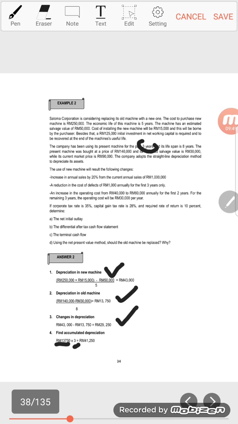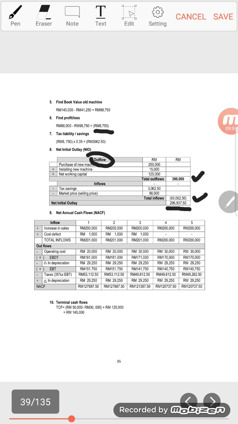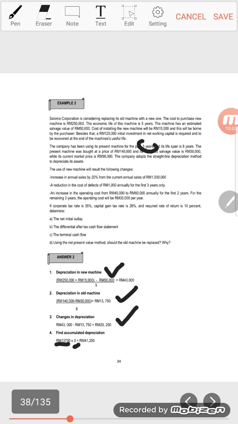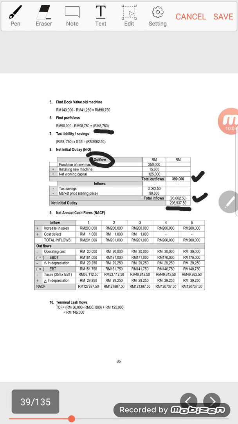So from year 1 until year 5, the sales will increase by 20%. 20% from 1 million is how much? 200,000. So 200,000 for each year. That's why in the NACF, the inflow item for increase in sales is consistent, 200,000 for each year.